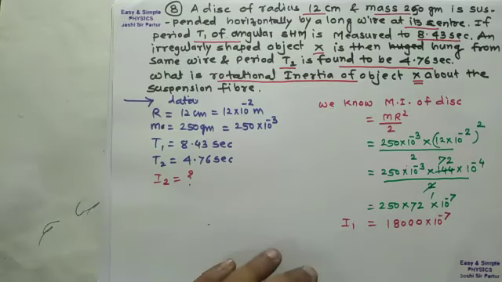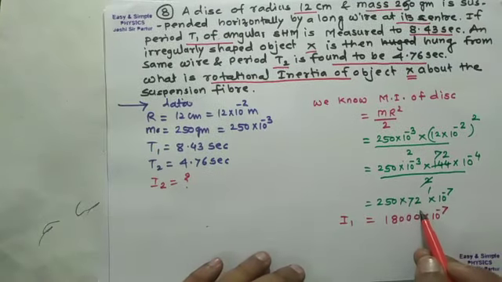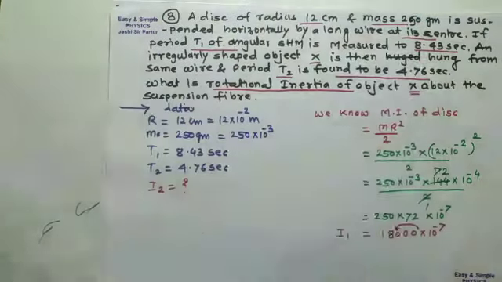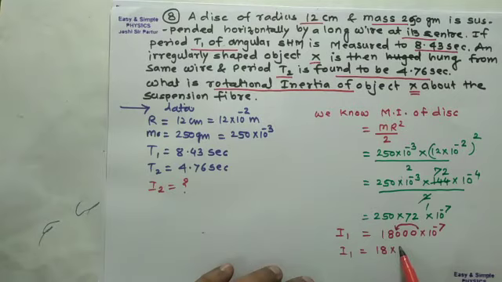So if the decimal point is shifted by 3 digits, I1 is equal to 18 multiplied by 10 to the power minus 4 kg meter square.